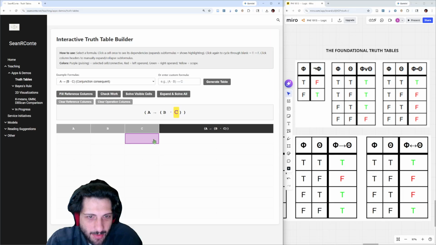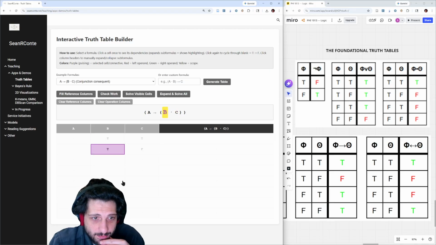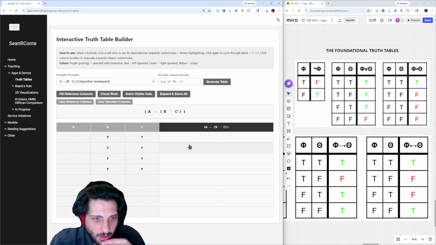So, well, I could think about, well, there's C. I could have that as true. I could also have C as being false. And both of these could happen while B is true. And both of these could happen while B is false. Right?